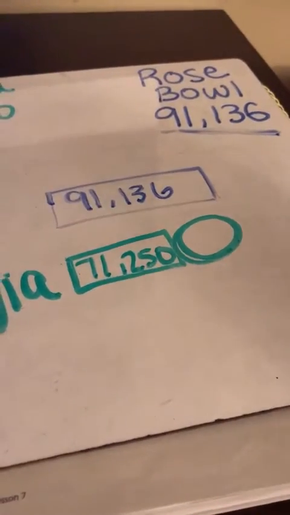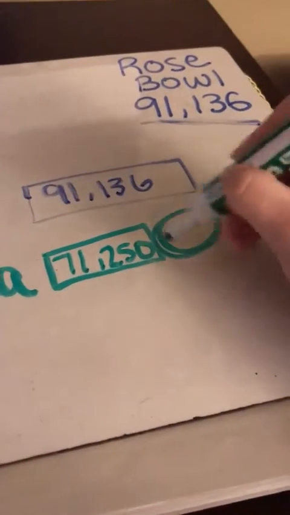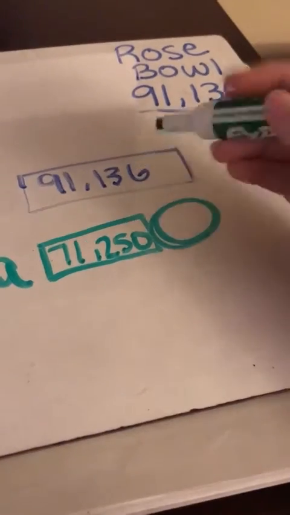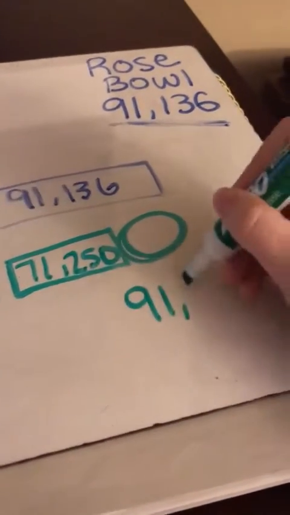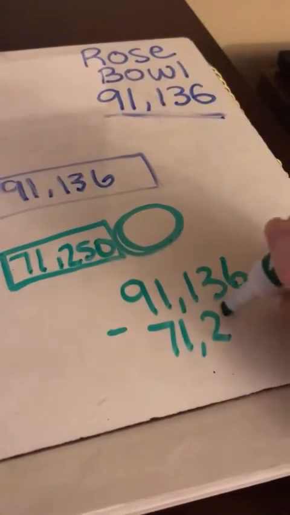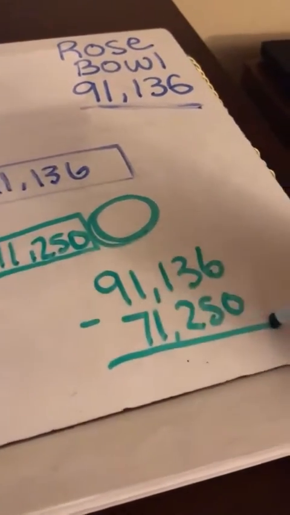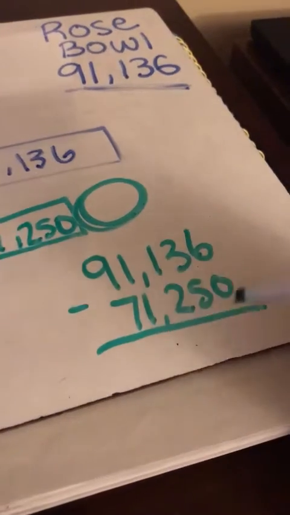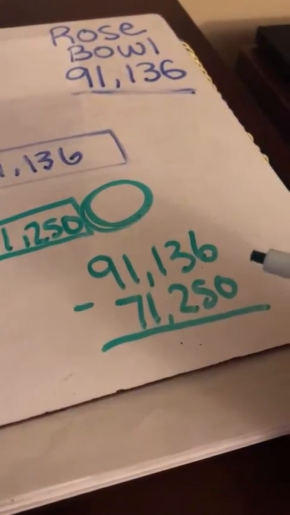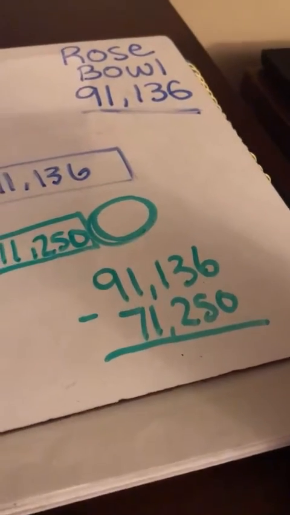That's right, we're going to add or subtract. In this case, we're trying to find out this area that is missing. So we're going to take this number and we are going to subtract 71,250 from it. So if you do your subtraction and find out the answer, I'm going to pause the video for a second to see that you can subtract it before I do.